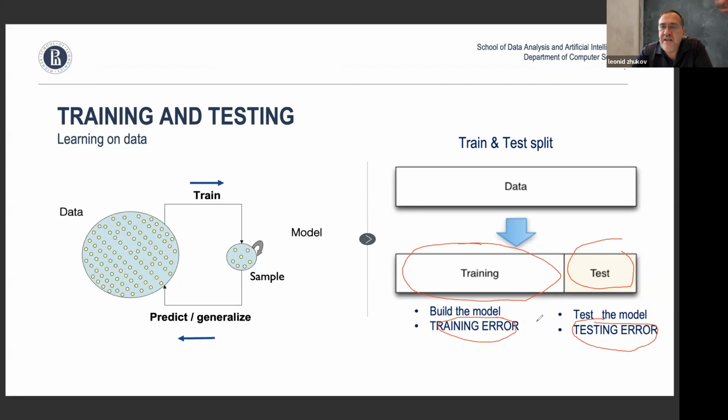Now, training error will always be better than your test error, simply because that's the data the model has seen, and this is data the model has never seen. And then obviously, when you launch your model on data that has never been even close to what you had, the performance will be even worse.